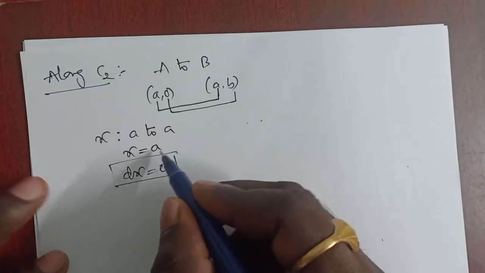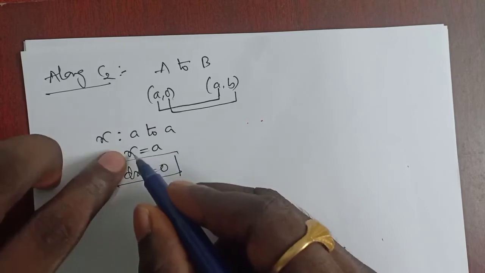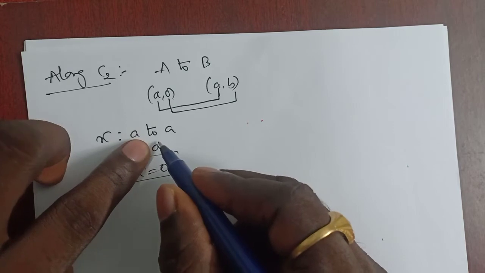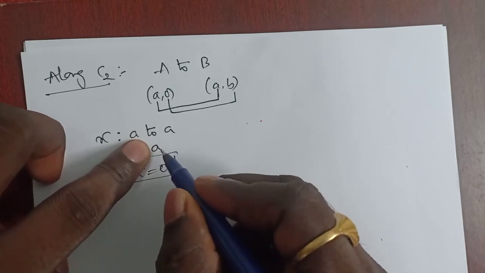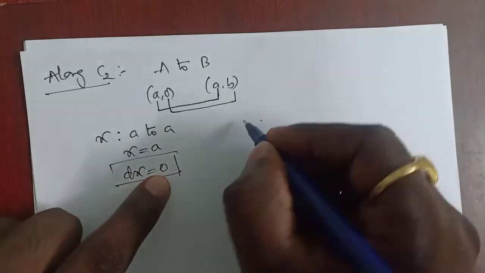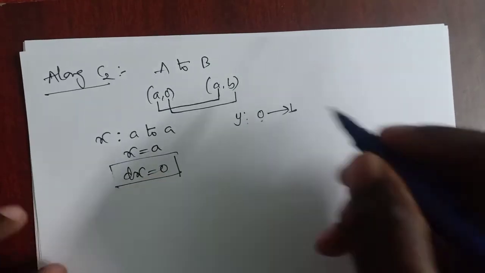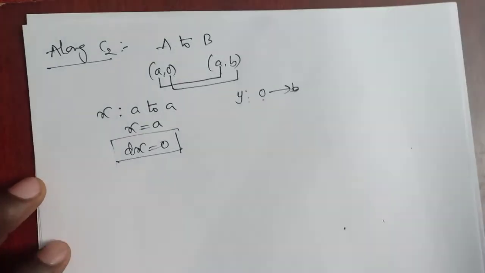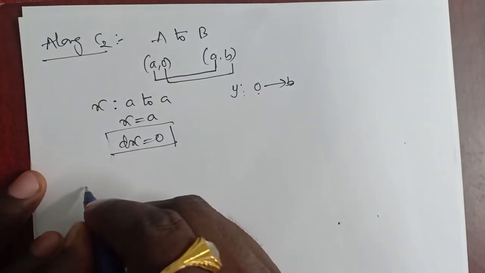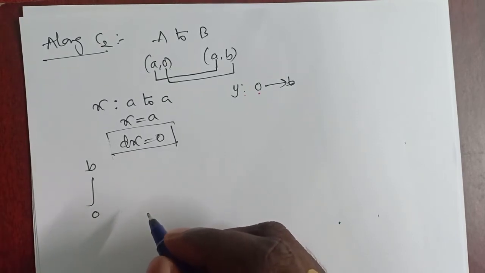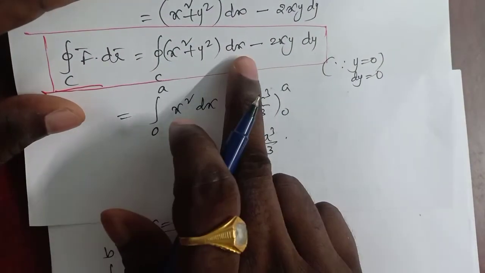So clearly x equal to a constant, so the derivative of x is dx, and for y, a is a constant, so the derivative of a is 0, and y ranges from 0 to b. Coming to the line integral, boundaries are 0 to b, and our problem is x square plus y square into dx.